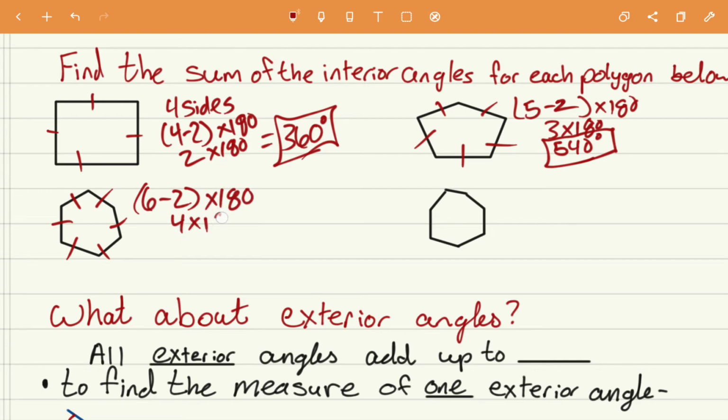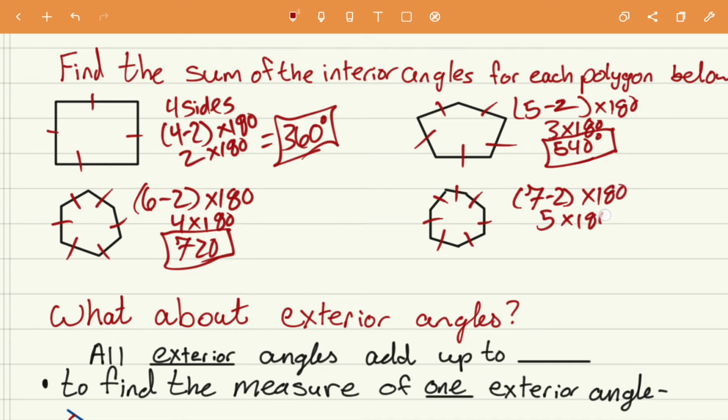That gives us 4 times 180, which gives us 720. And in the last one, we get 1, 2, 3, 4, 5, 6, 7. So we get 7 minus 2 times 180. That gives us 5 times 180, which is 900 degrees.